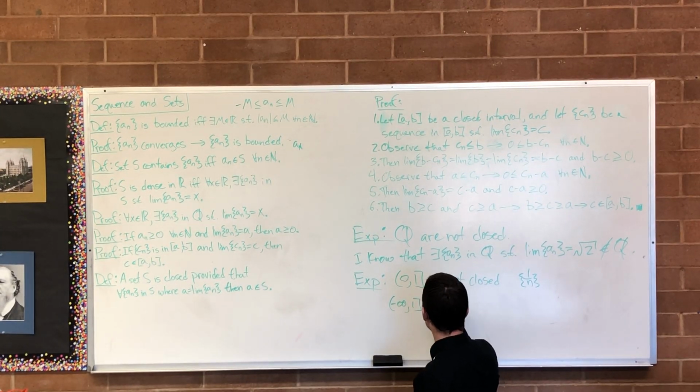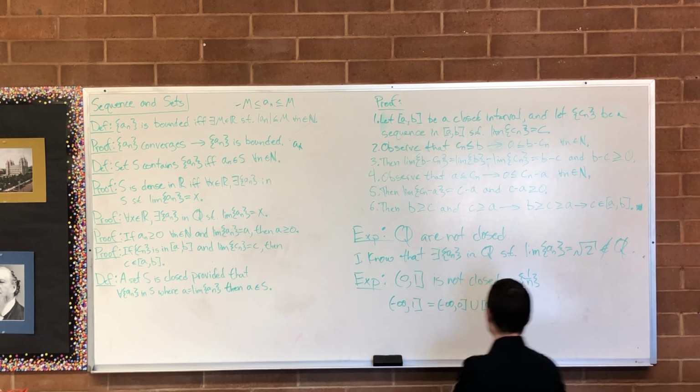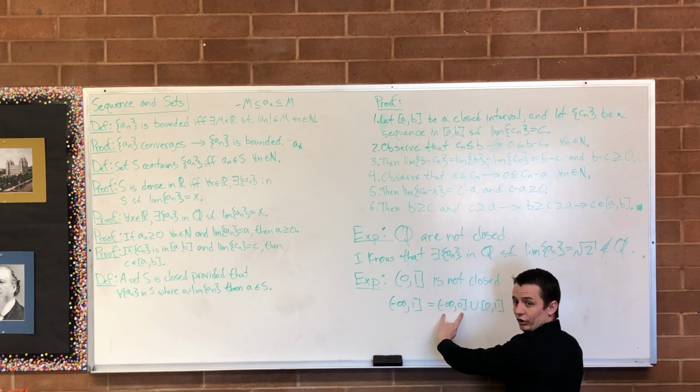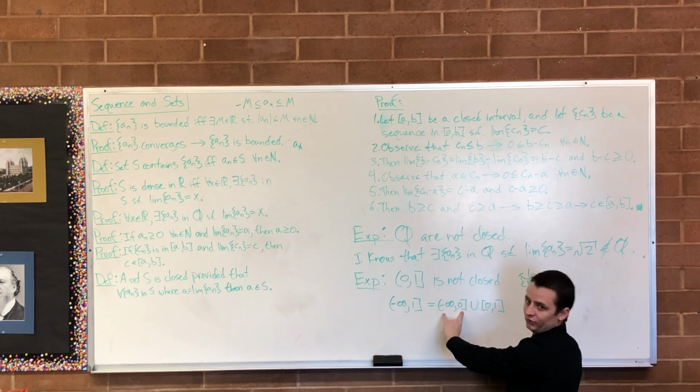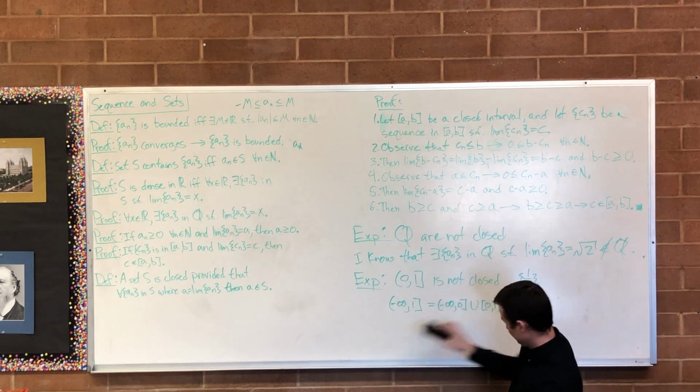We can rewrite this as negative infinity to 0 unioned with 0 to 1. We know that this is closed by the proof up there, and we know that this is closed because any sequence with non-positive terms converges to a non-positive number. Right? So, yeah, good.